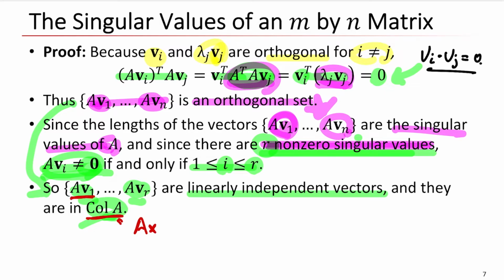In this case, x is replaced by v_i, and A is replaced by v_r, right? So these are vectors in the column space, right?